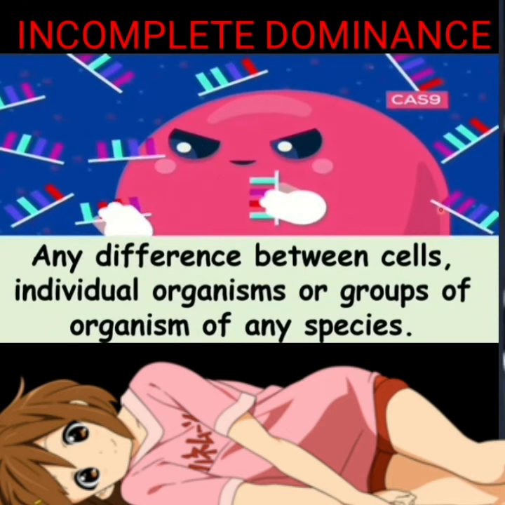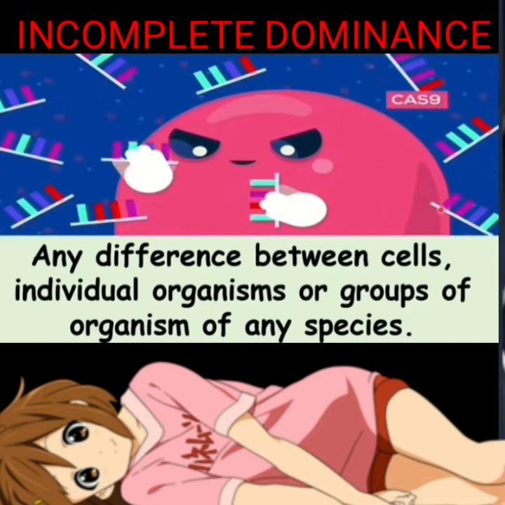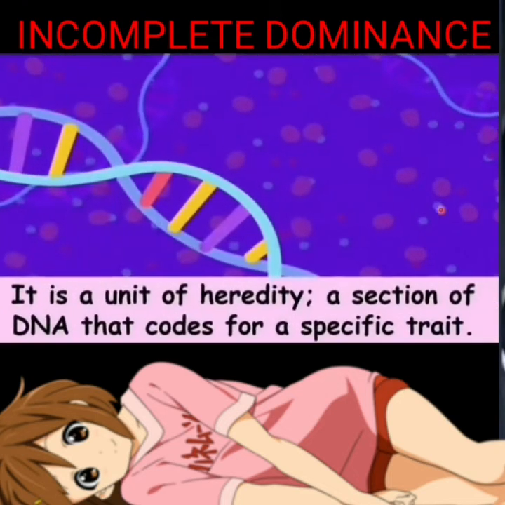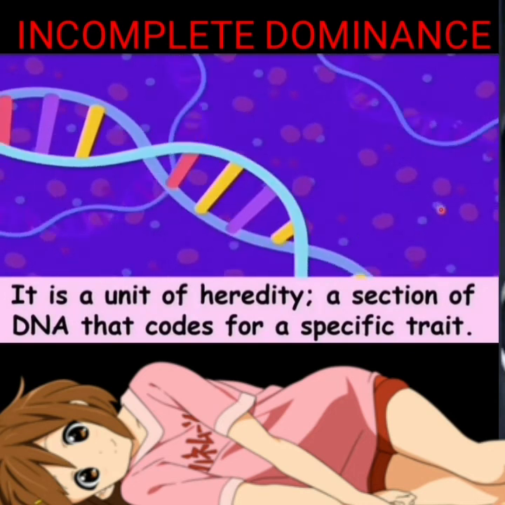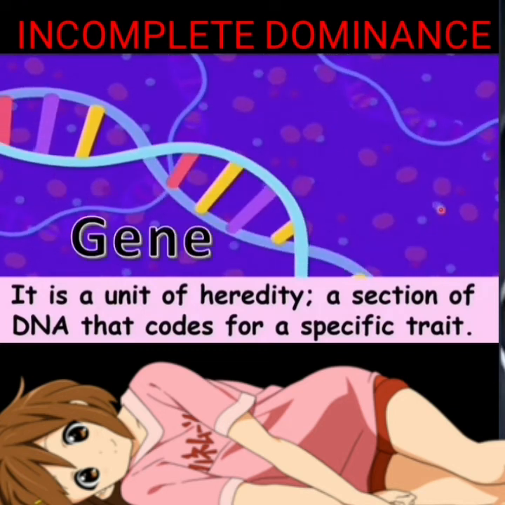Any difference between cells, individual organisms, or groups of organisms of any species, that is variation. Next, a unit of heredity, a section of DNA that codes for a specific trait, that is our gene.